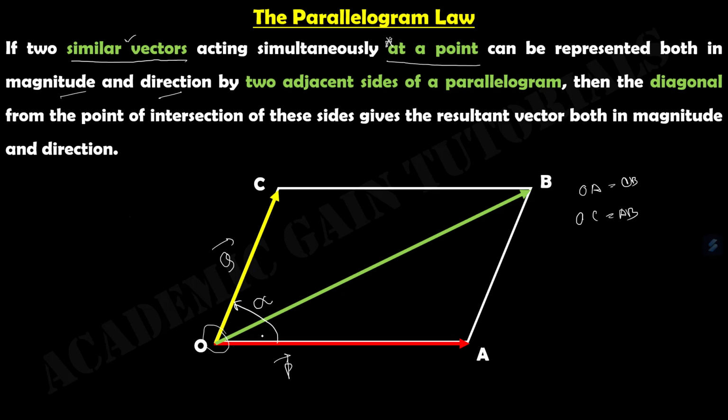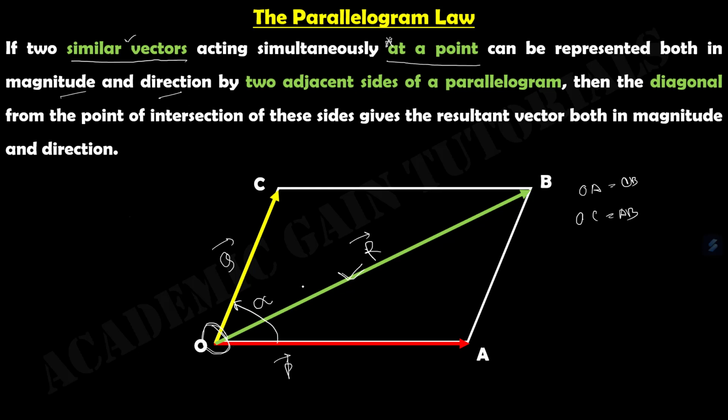Now, according to the parallelogram law, the diagonal from the tail points of P and Q represents the resultant vector R.